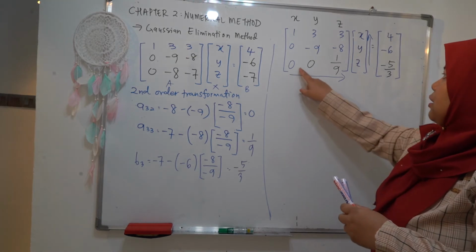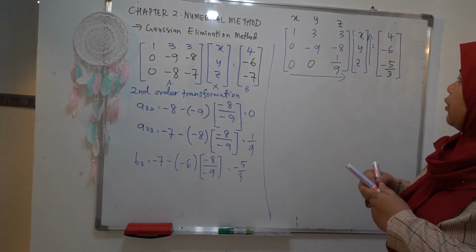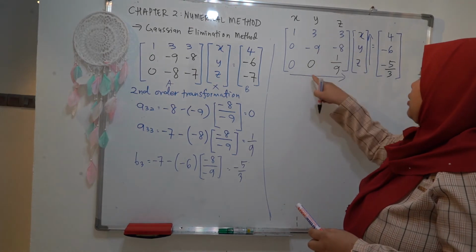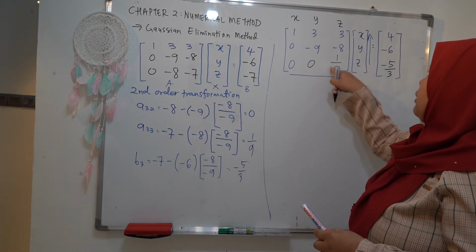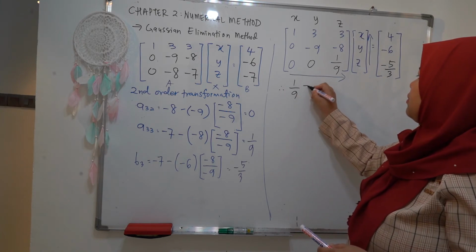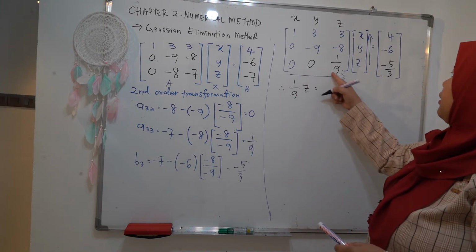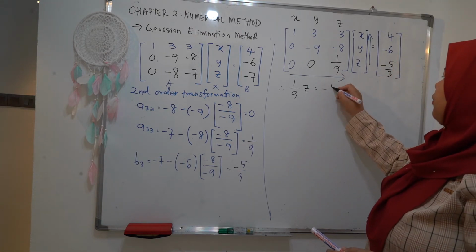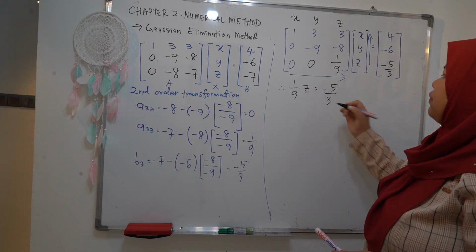So I start with the third row: 0 times x plus 0 times y plus 1/9 times z equals -5/3.